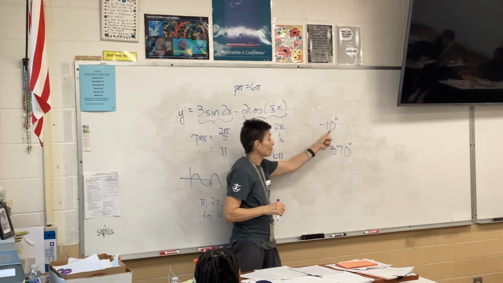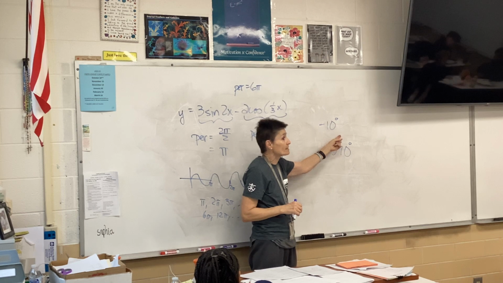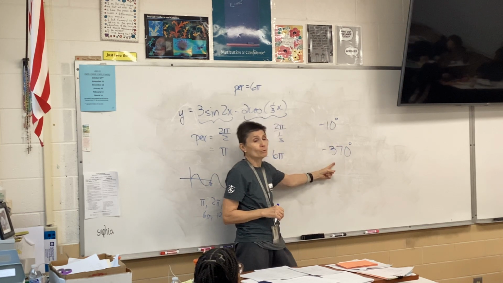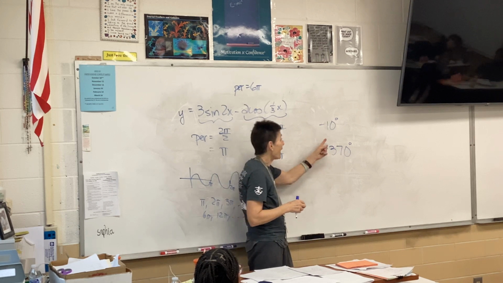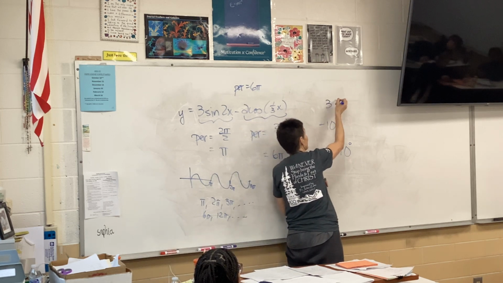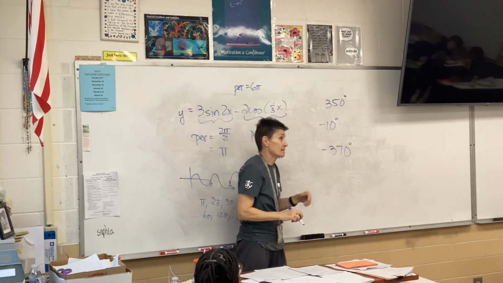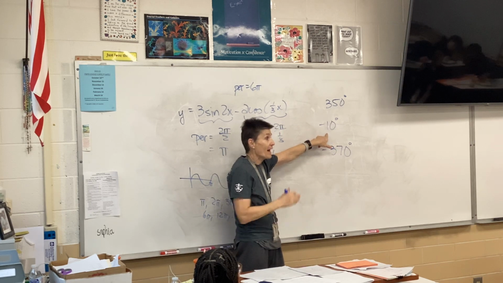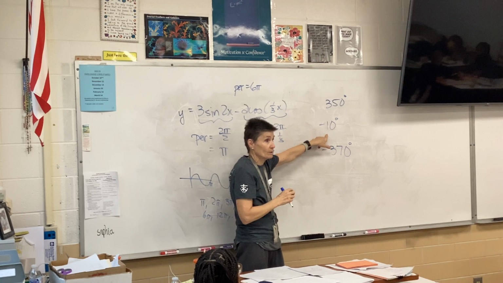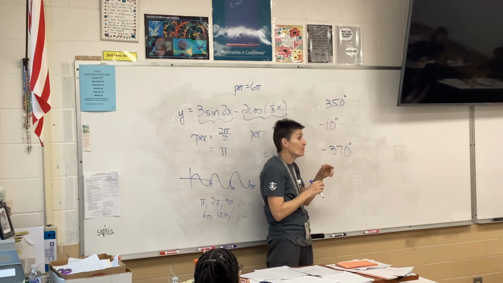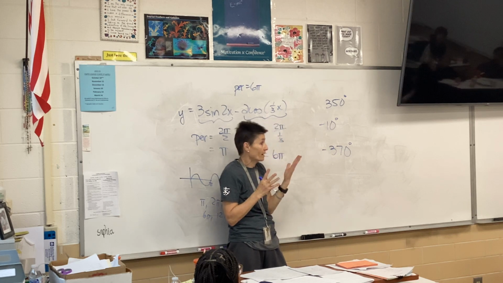And if I'm in degrees, a revolution is 360. So a negative coterminal would be this. A positive coterminal would be this. Add 360, subtract 360. If that's a radian measure, then we don't add and subtract 360, we add and subtract 2 pi.